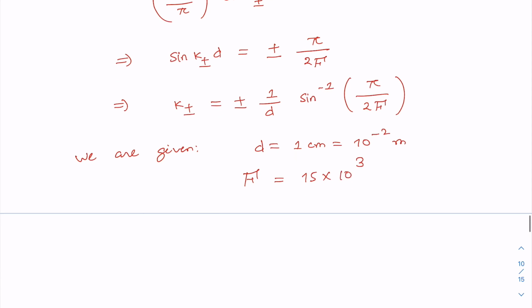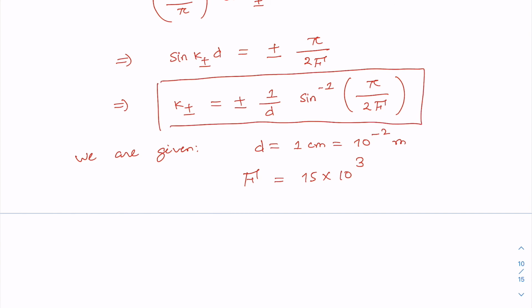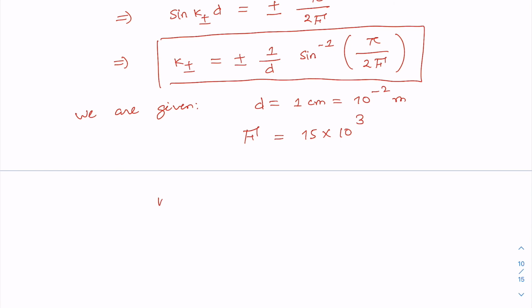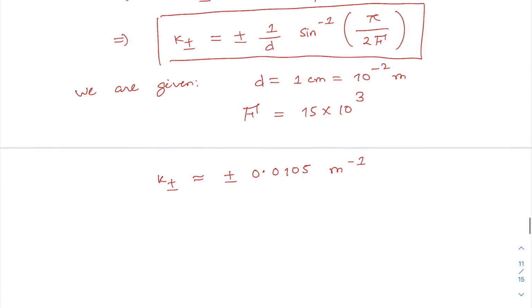So if I put all these things in this formula, you please do that, and you will see that you will get k plus minus is equal to plus minus 0.0105 per meter, or I can write it as plus minus 1.05 times 10 to the power minus 2 per meter. So this is the required wave number.